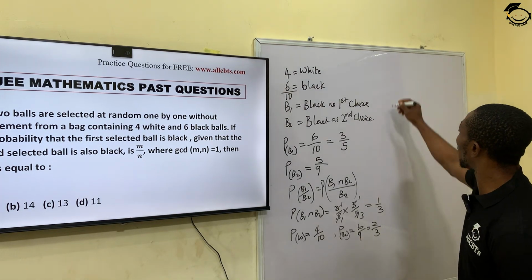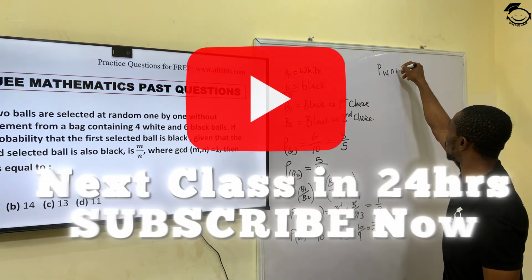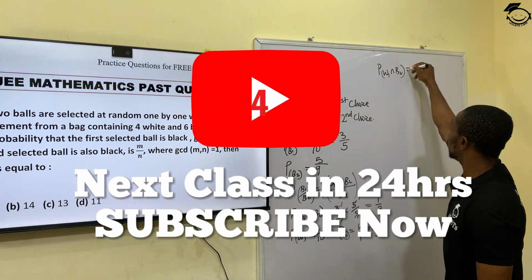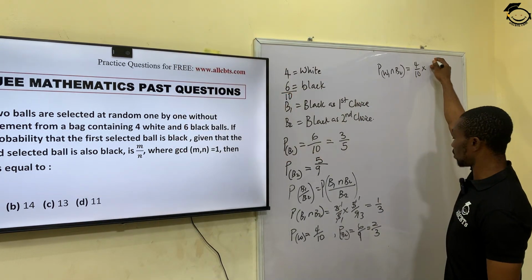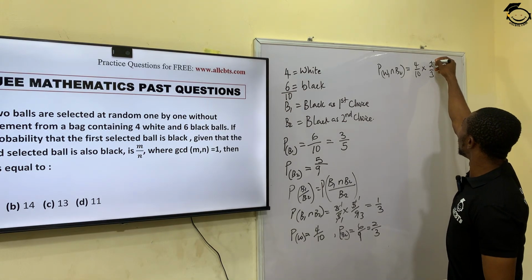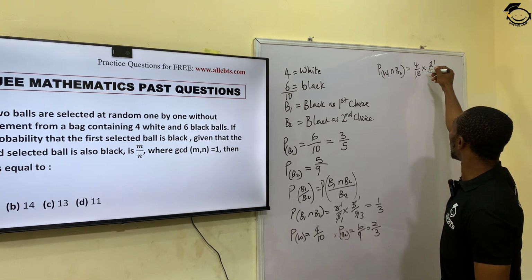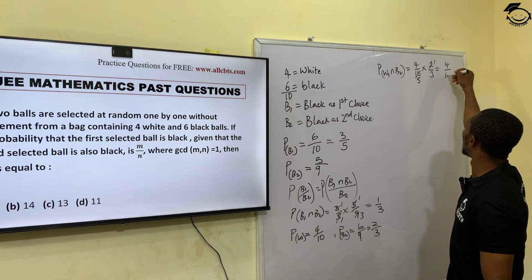Now the probability of white first intersection black second will become 4 over 10 times 2 over 3, which simplifies to 4 over 15.